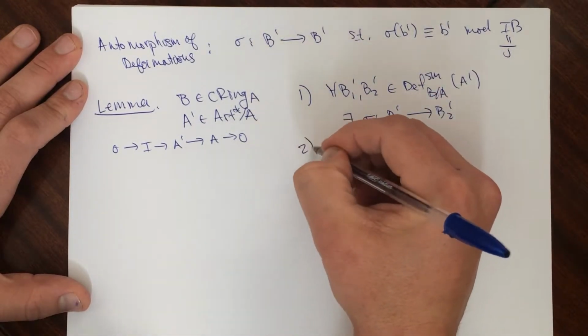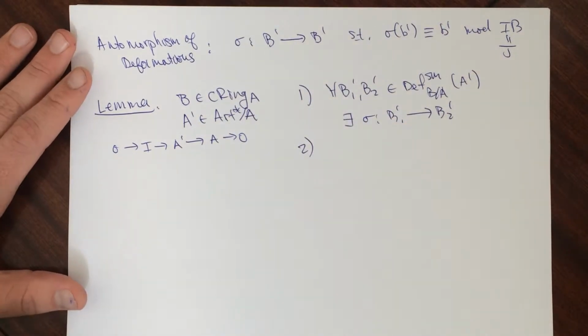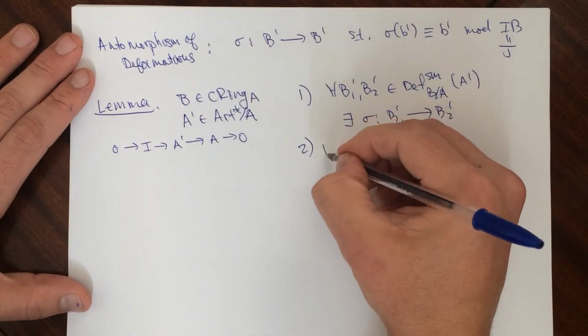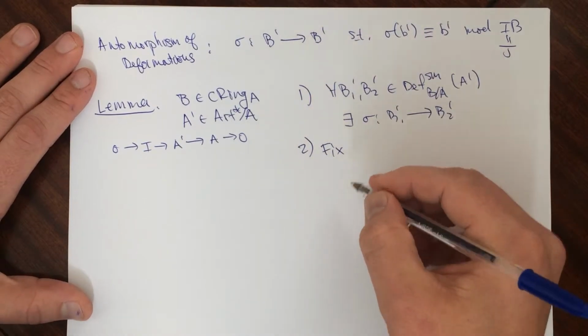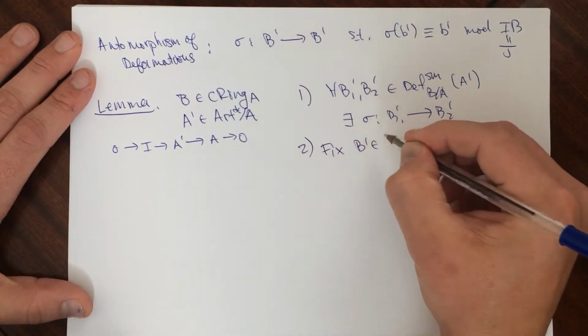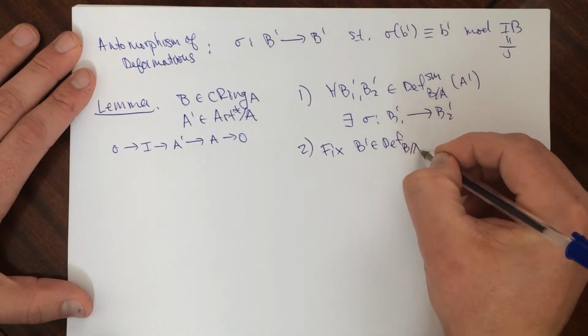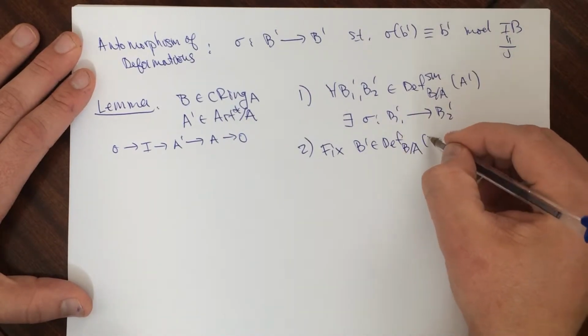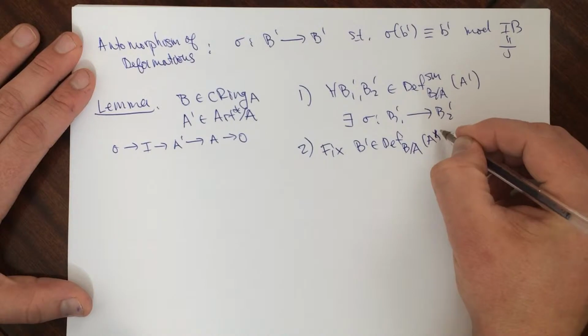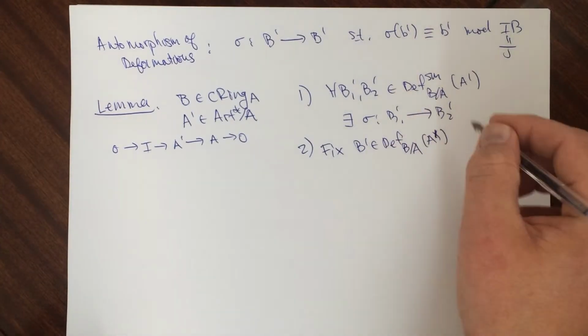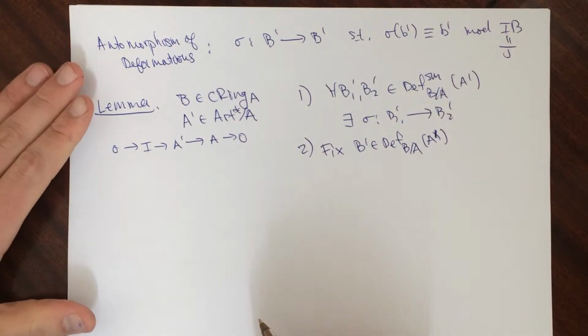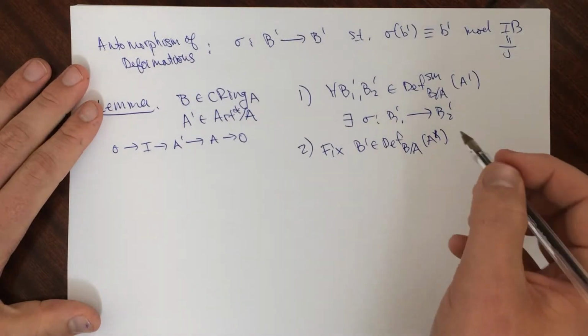The second thing that I want to say is that I'm going to fix some deformation. If I fix some deformation, I want to describe the automorphisms of the deformations.